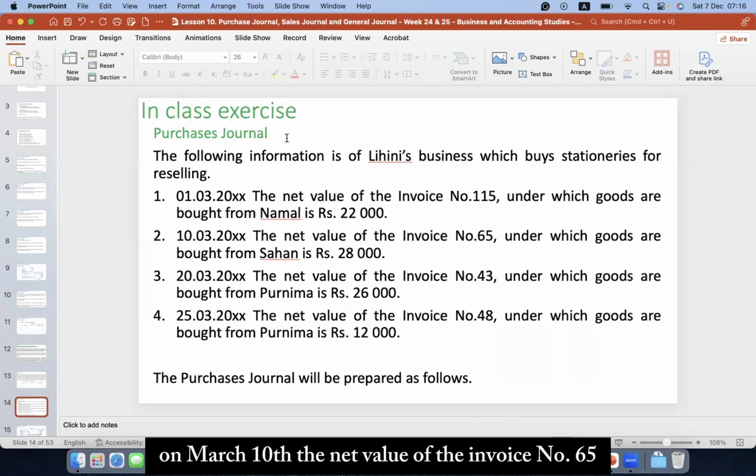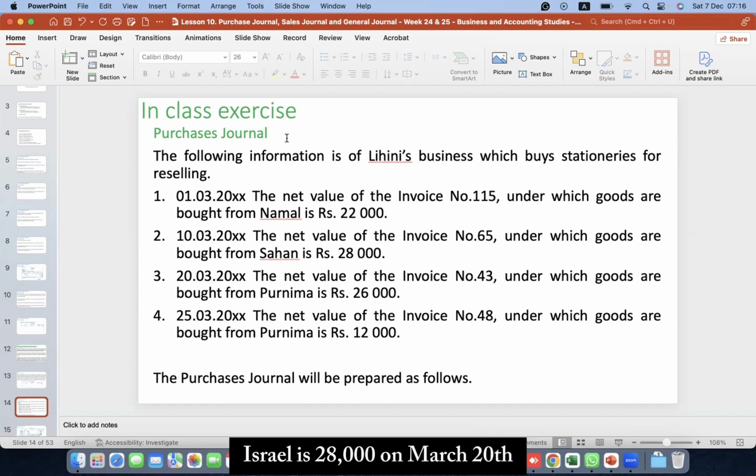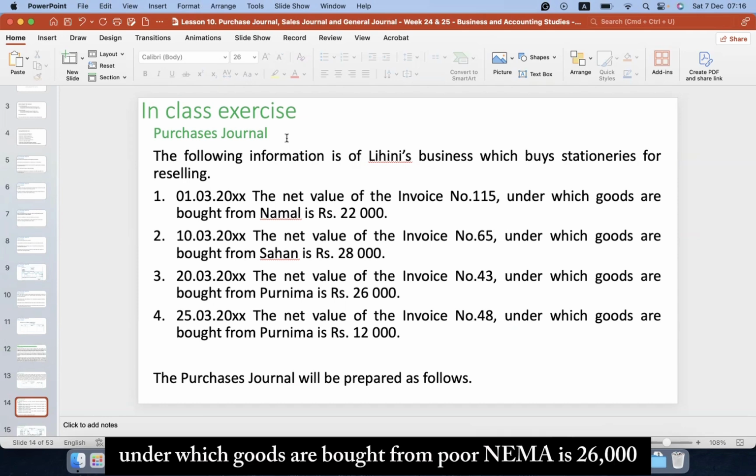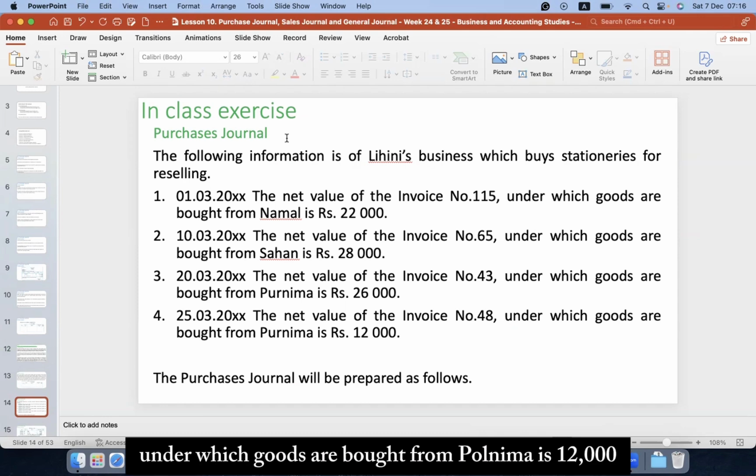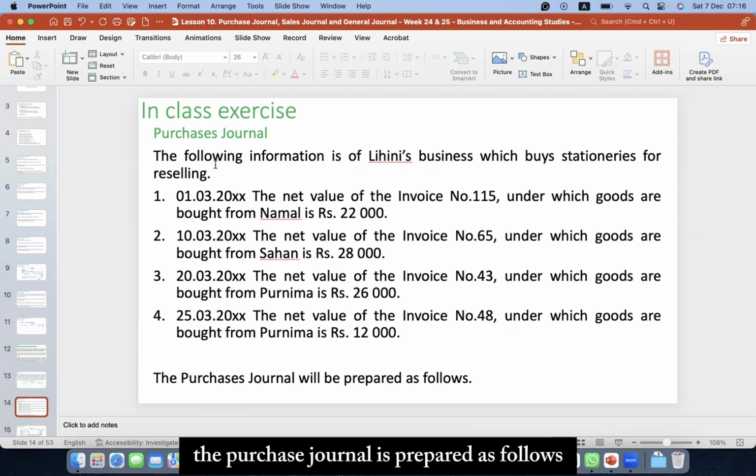On March 10th, the net value of invoice number 65, under which goods are bought from Sahan, is rupees 28,000. On March 20th, the net value of invoice number 43, under which goods are bought from Purnima, is 26,000. On March 25th, the net value of invoice number 48, under which goods are bought from Purnima, is 12,000. The purchase journal is prepared as follows.